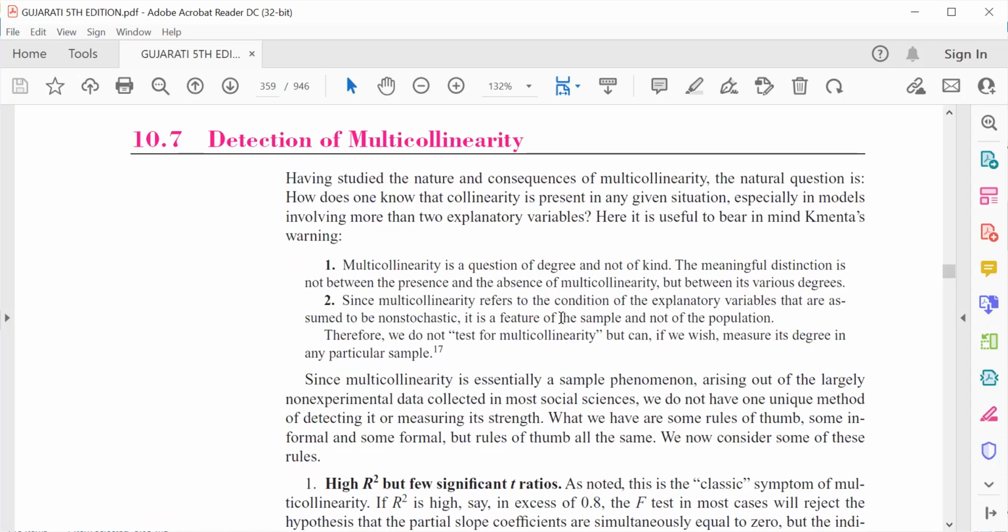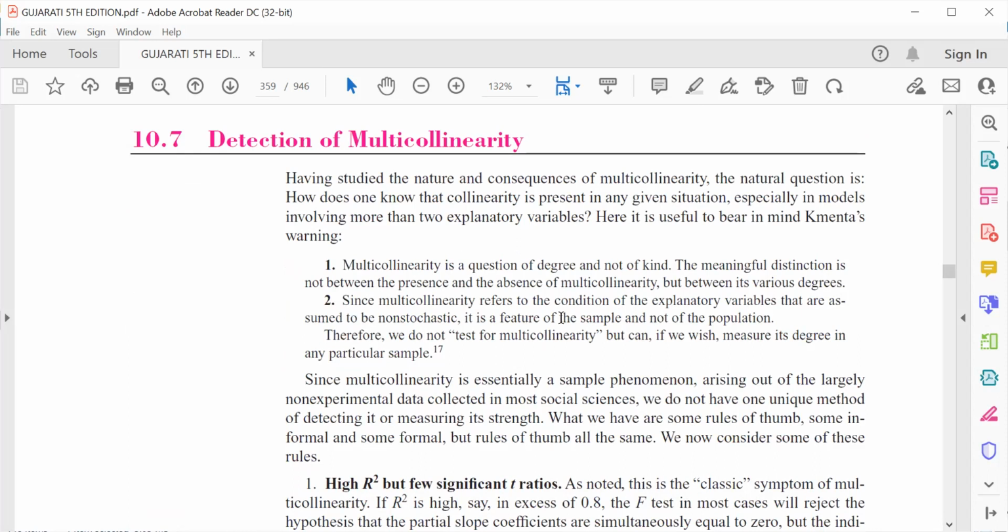Multicollinearity is a question of degree, not of kind. The meaningful distinction is not between the presence and the absence of multicollinearity, but how high the correlations among the explanatory variables are.